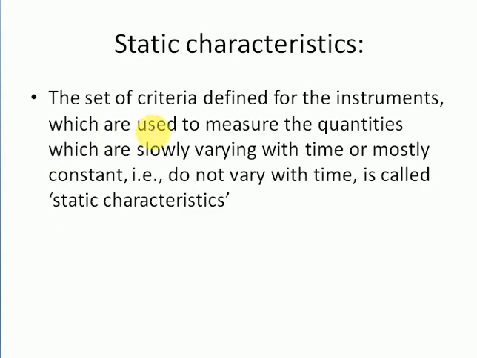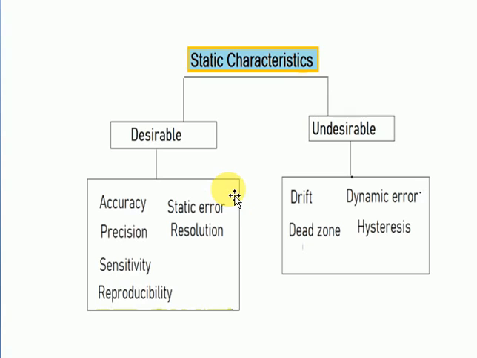So this is the set of criteria defined for instruments used to measure quantities which are slowly varying with time or mostly constant. That which does not vary with time is called a static characteristic. There are various static characteristics of instruments, desirable and undesirable.